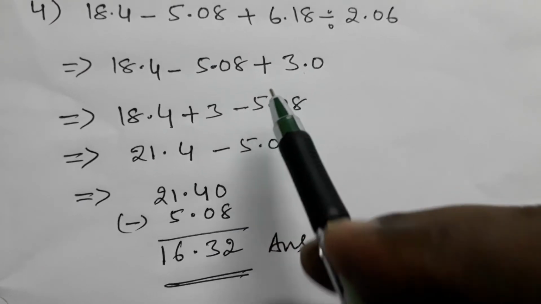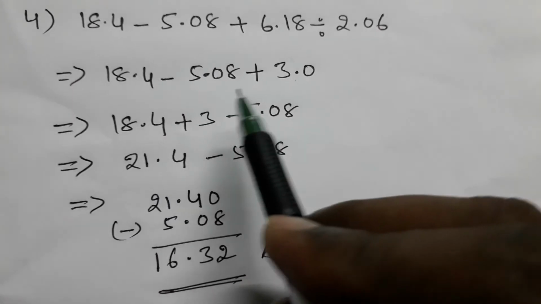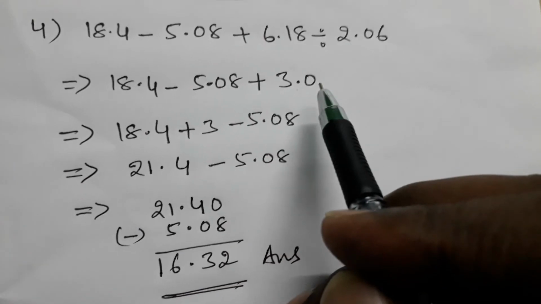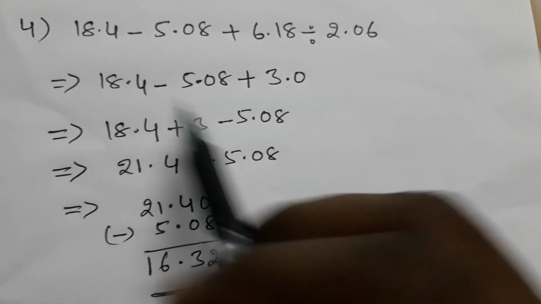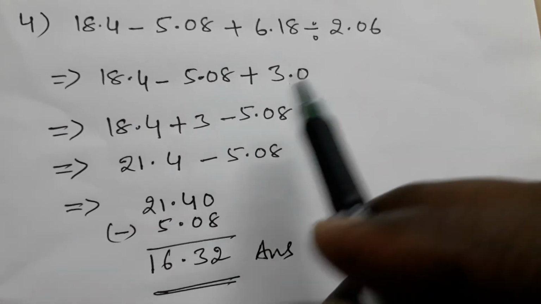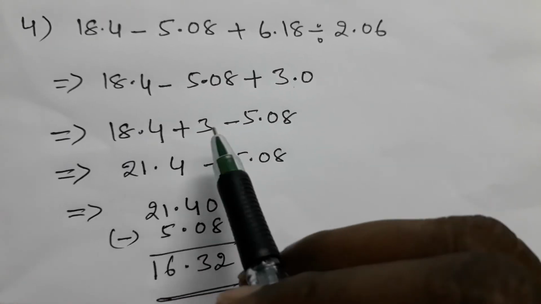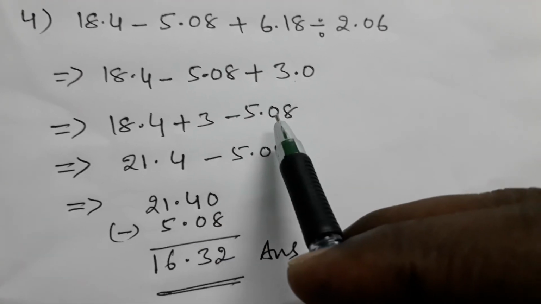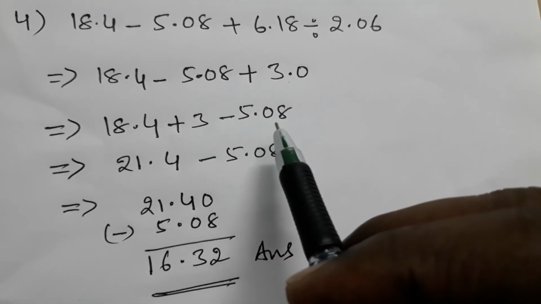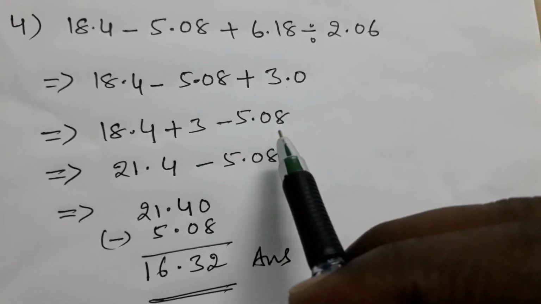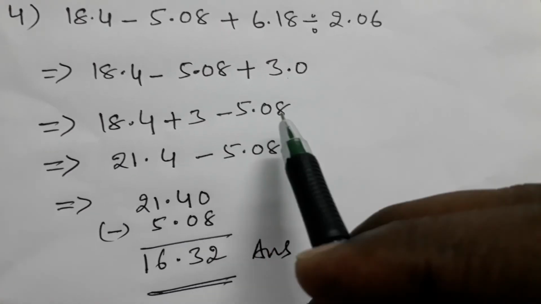So after multiplication, what is there? Addition. Do addition. See, I am not doing this one. Why? This is a subtracting value. So I am adding these two first. These are positive numbers, both positive, so I wrote them together and added. And this negative number means a subtracting number, I will do the subtraction last, so I write it here as it is.